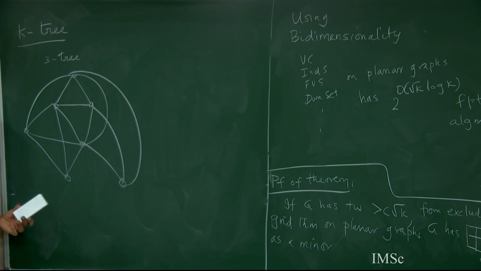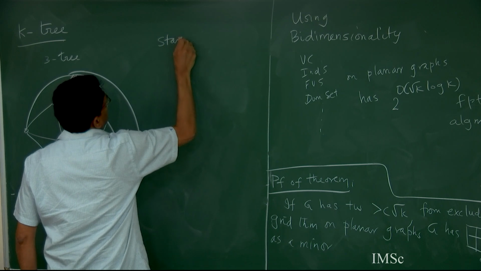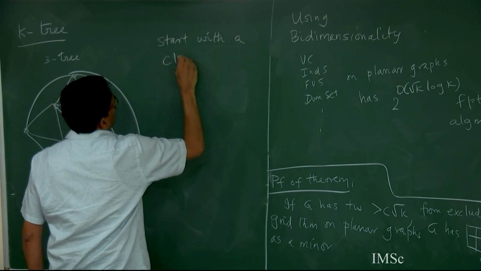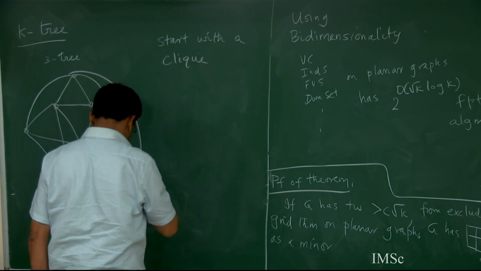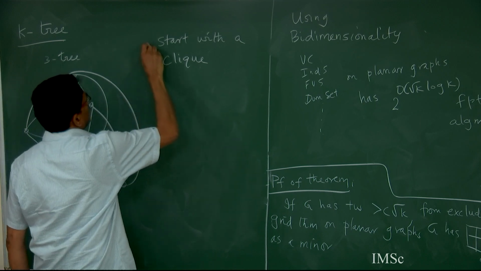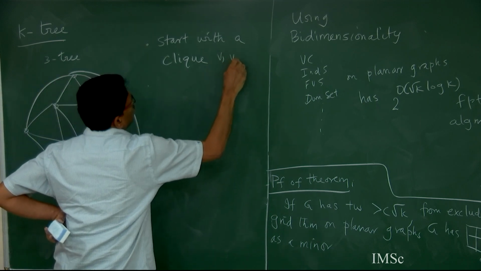So what is a k-tree? Start with a k-clique, say v1, v2 to vk.